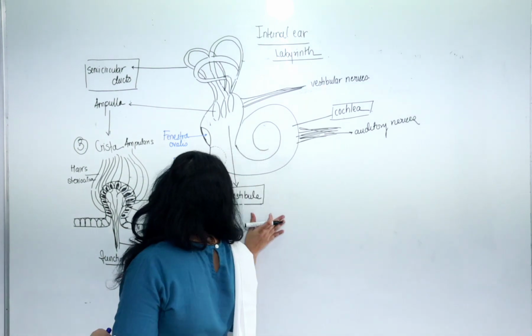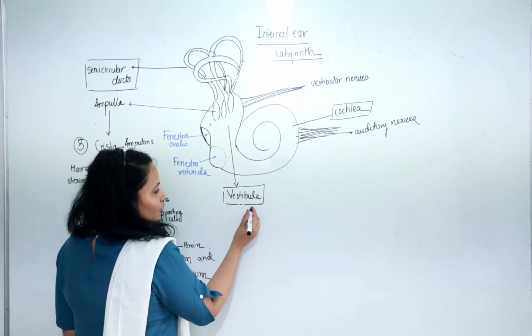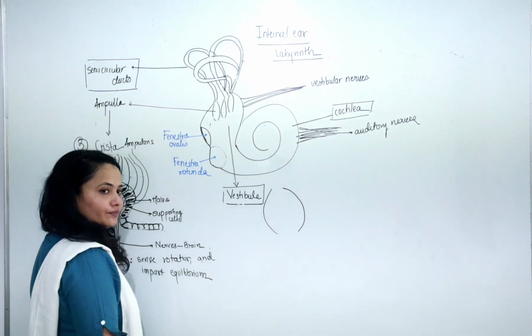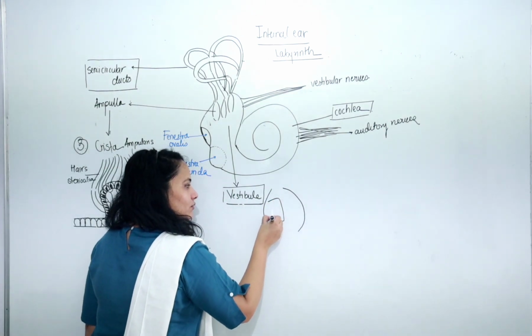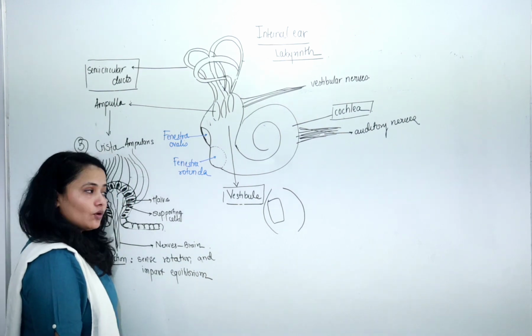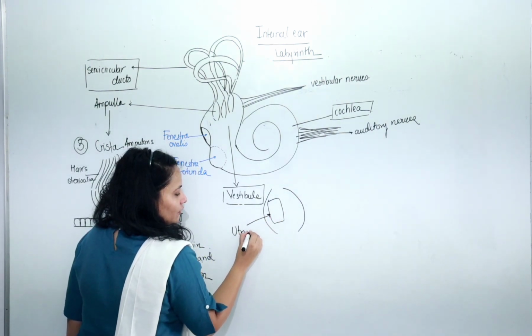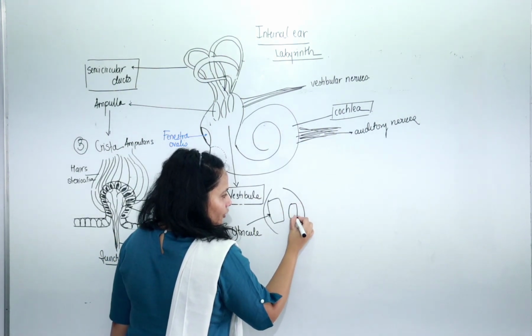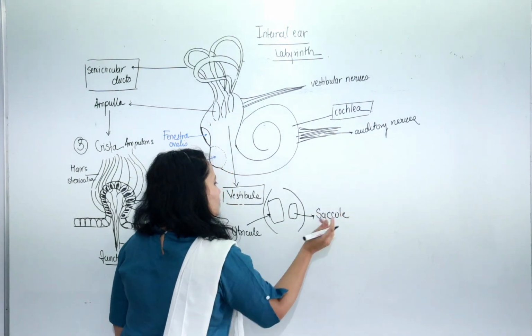Now we will switch to the next, that is the vestibule. Now the vestibule is a bag-like structure. Here you can see like this. This vestibule has 2 windows. One larger window, which you call the utricle, and one smaller window, which we call the saccule.